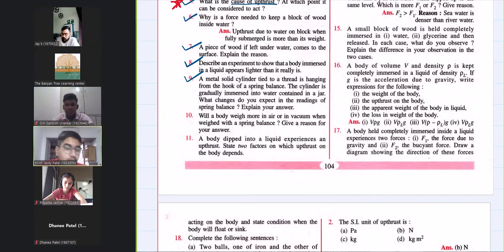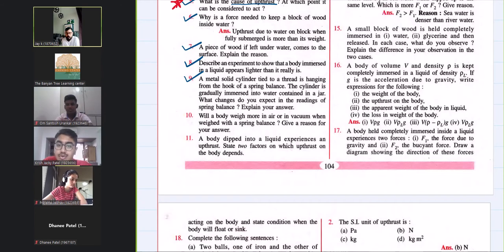When the hook is above the water and we record the spring balance, we find that its weight is value A, and after the body is submerged in the jar, we find there is a gradual decrease in the weight of the body, which is B. Okay.